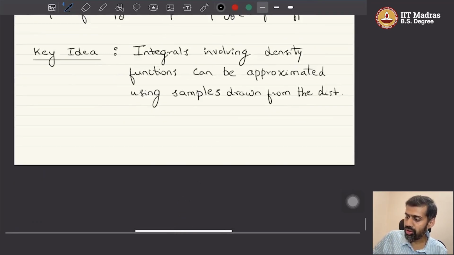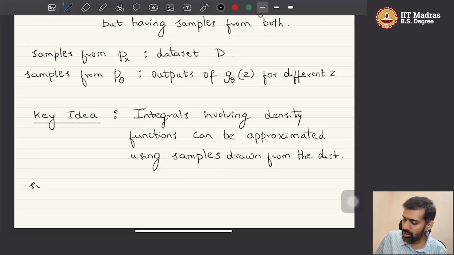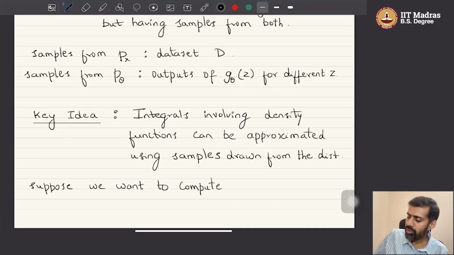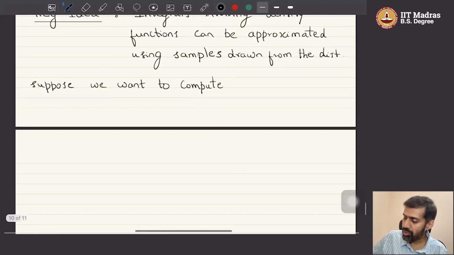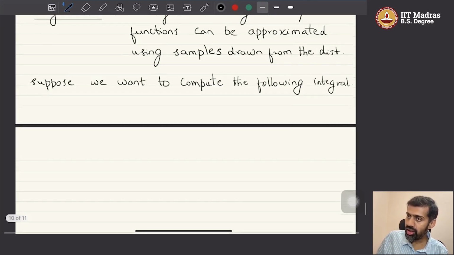The idea is the following, right? Suppose we want to compute the following integral. Okay, so what integral do we need to compute?